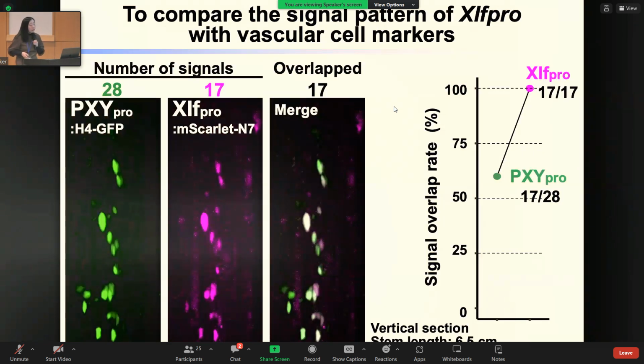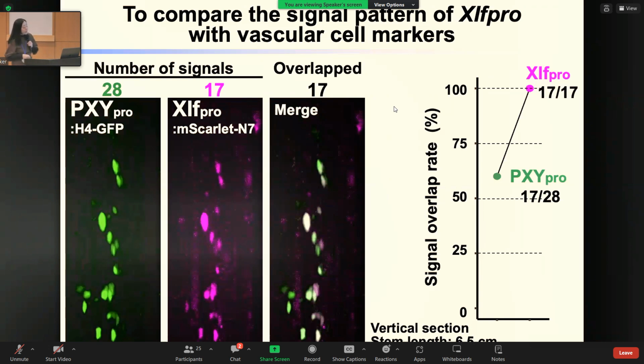We analyzed the expression by counting the number of fluorescently detected nuclei. Taking the image of this vertical section as an example, 28 nuclei were visualized by the PXY promoter. On the other hand, 17 nuclei were detected by the 11F promoter, all of which overlapped with the PXY promoter signals.